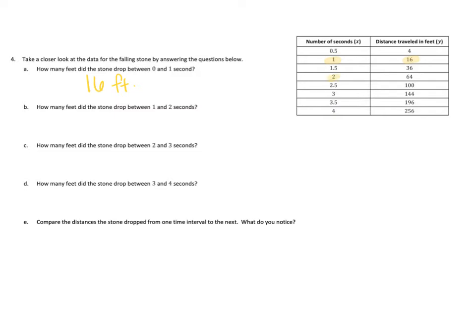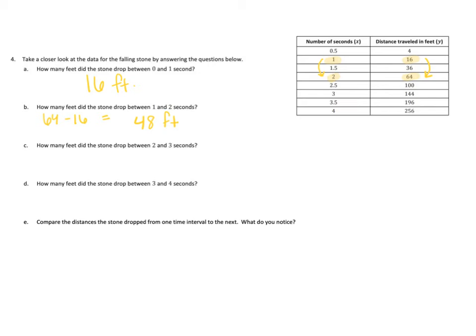So from 16 to 64. So 64 minus 16. How many feet did it drop right there? I'll do that really quickly in my calculator. I got 48. Okay. So the first second, it only dropped 16 feet. The second, it dropped 48 feet, so it's getting faster.